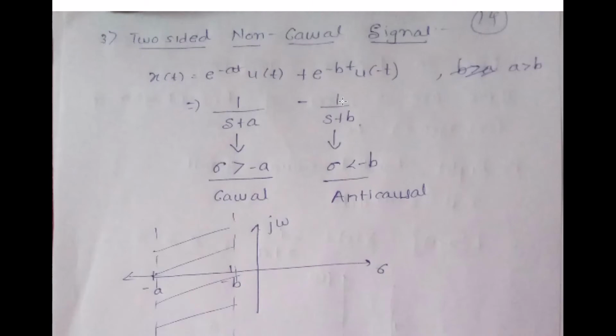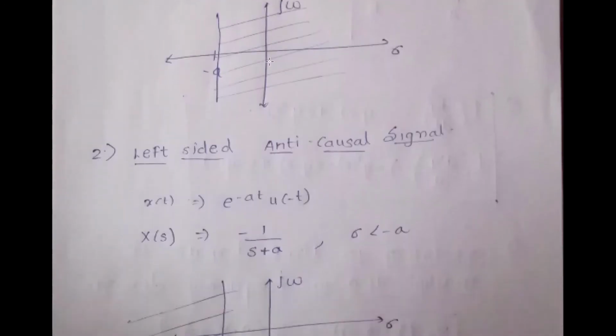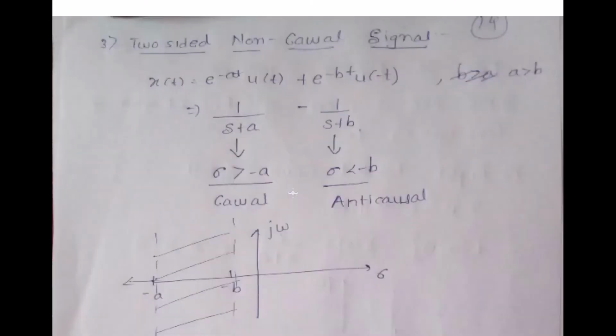Now when I talk about a two-sided non-causal signal, it is a combination of a right-handed signal, which is u of t, and a left-handed signal, that is u of minus t. So if you look at the signal x of t equal to e raised to minus at u of t plus e raised to minus bt u of minus t, remember this thing.